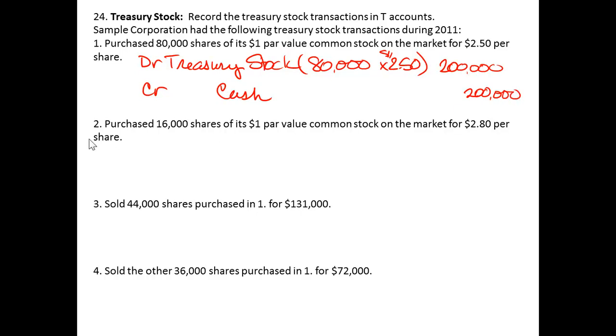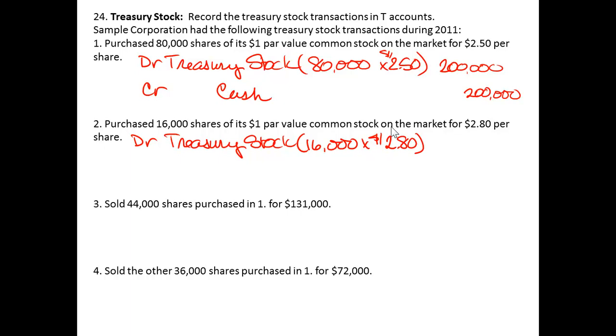We made a second purchase of Treasury stock where we bought 16,000 shares of common stock at $2.80 a share. So again, we're going to debit Treasury stock and credit cash, but in this case it's for 16,000 shares and it has a different cost basis of $2.80 a share.